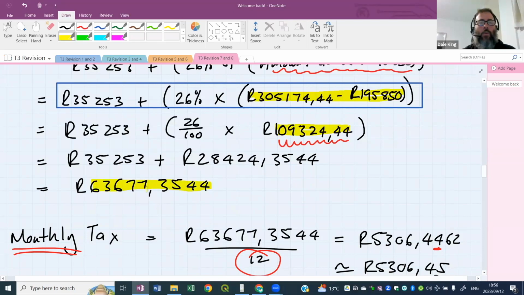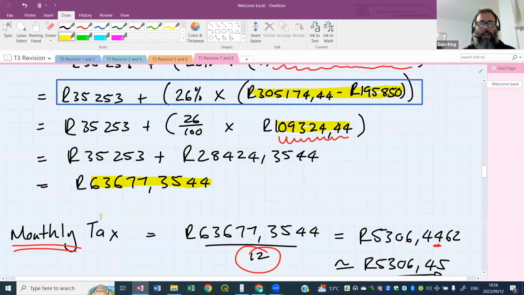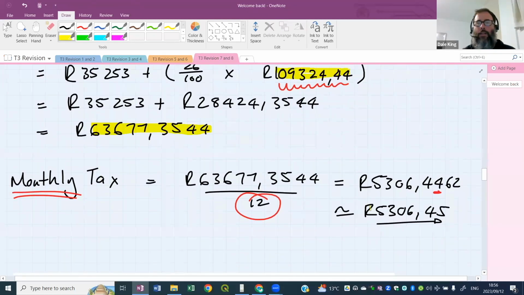But they want monthly. This is how much you pay in 1 year. So for monthly, we're going to have to cut that up and divide it by 12 to get a monthly figure. Okay, so that's why we divide by 12, because they wanted monthly when the tax table works with annual values. So in the end, you've got to divide by 12 for monthly.